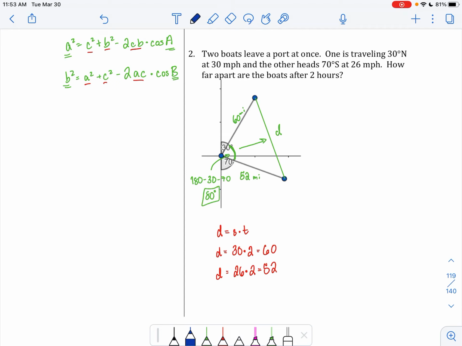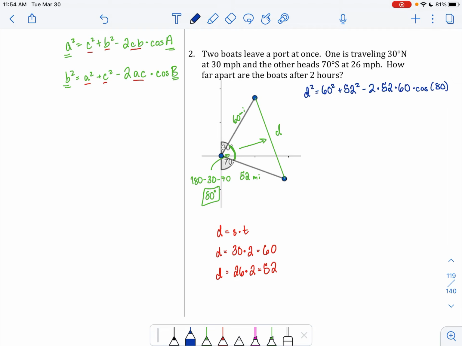Now that we have all that knowledge, we can plug this into the law of cosines. So that distance will be d squared is equal to 60 squared plus 52 squared for the other two sides, minus 2 times 52 times 60 times the cosine of 80 degrees.